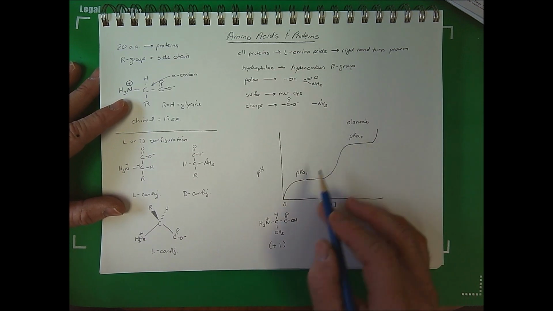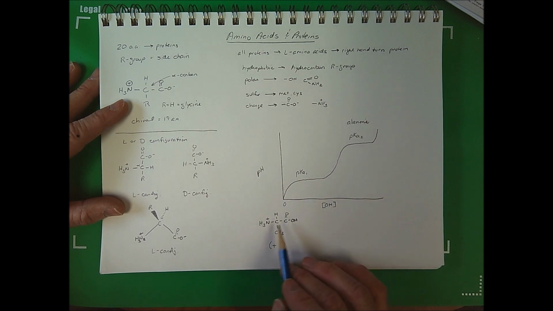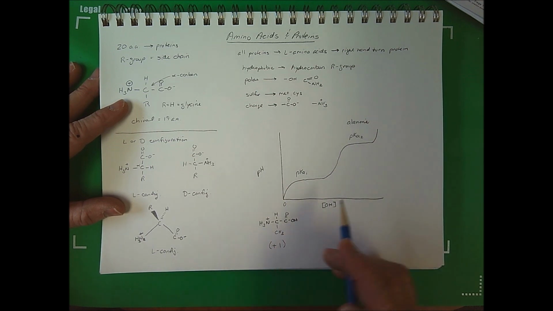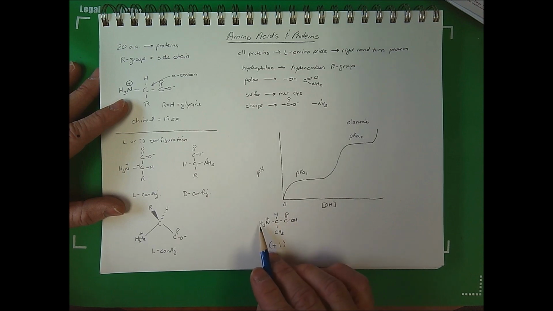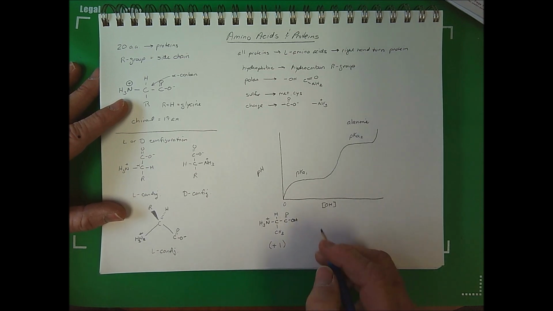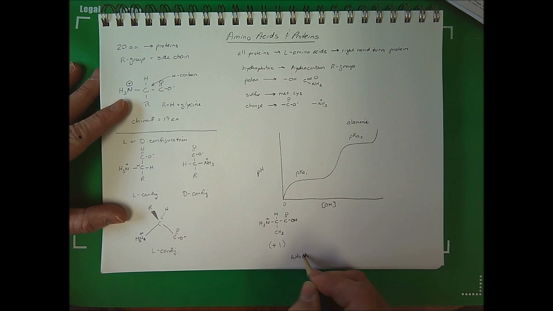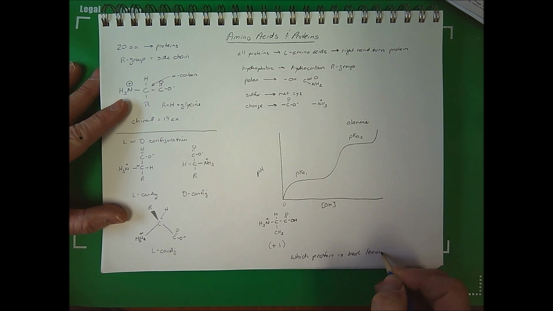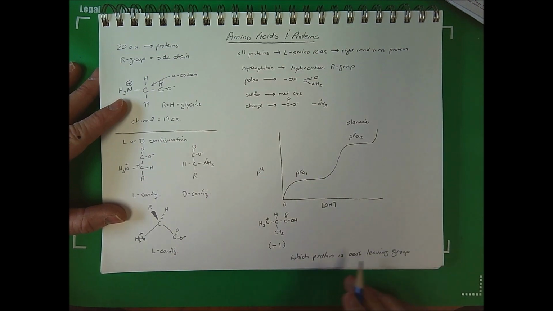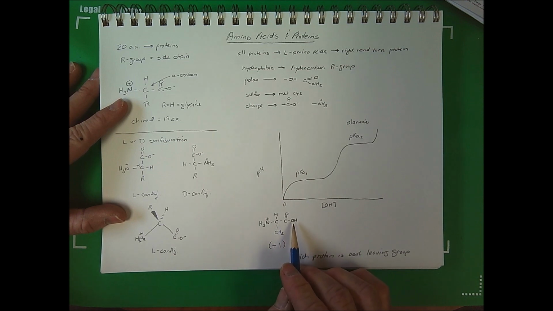Now the question here is which pKa corresponds to which functional group? Well, think of this as which proton is the best leaving group. The best leaving group, the best leaving ion, will be the one that is bound the weakest. Now consider this hydrogen bound to this nitrogen.